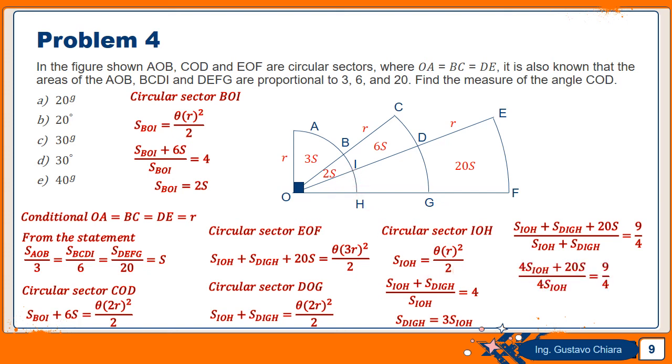Well, replacing, we get that 4S EOH plus 20S divided by 4 EOH is equal to 9 divided by 4. So reducing that expression, we get that the area of this circular sector is equal to 4S.